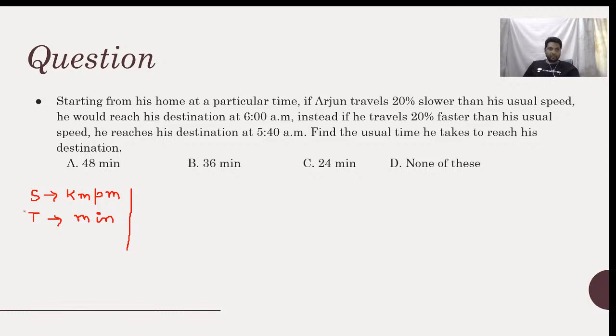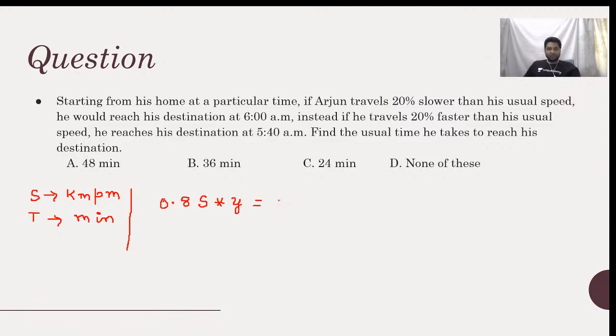Let us say his usual speed is s kilometers per minute. Usual amount of time taken is t minutes. Now, instead of traveling at s kilometers per minute, if he travels 20% slower, that means if he is traveling at 0.8 s kilometers per minute, let us say he takes y minutes.